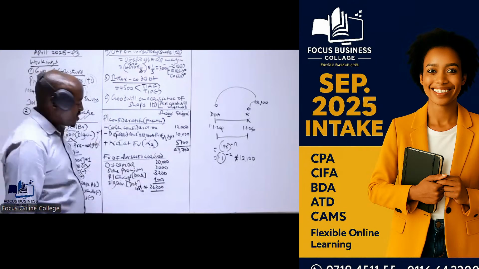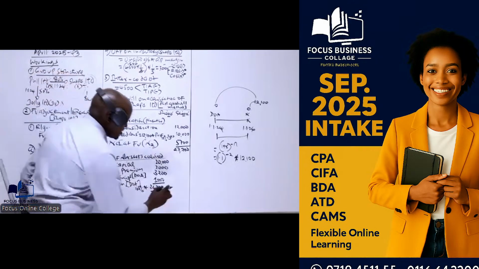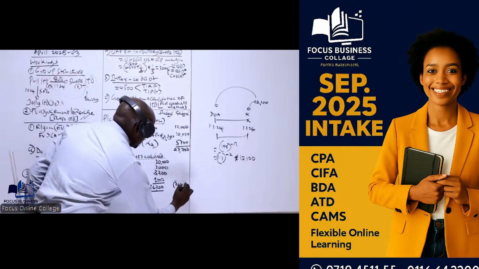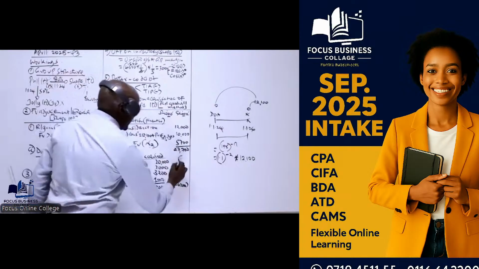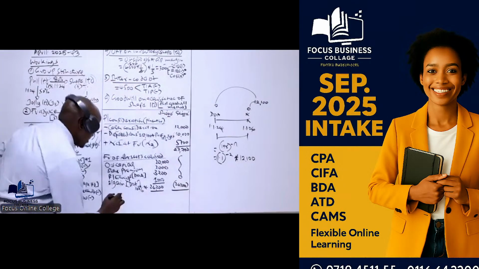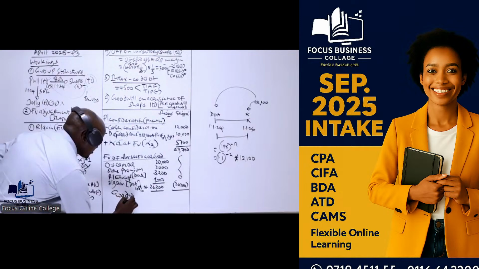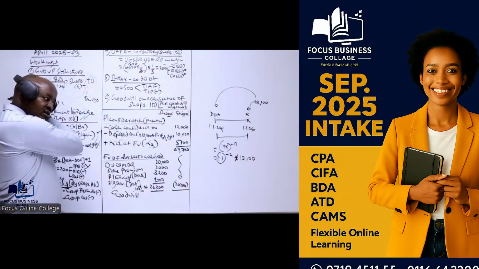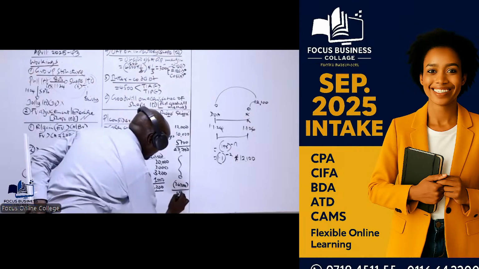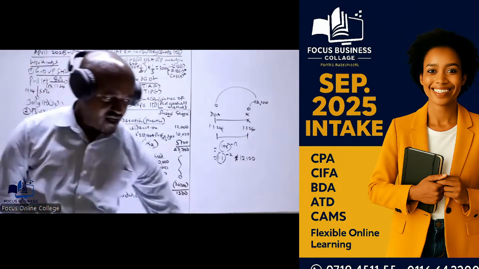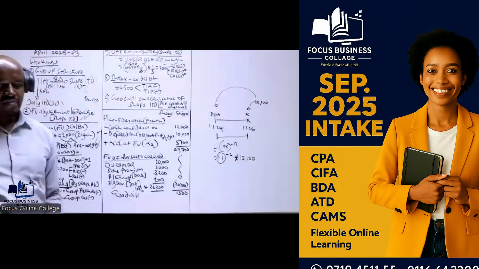So under the full goodwill method, we take 100% of that. So 100% of that will be 26,200. We subtract that from the figure we have up there, and basically we get the goodwill on acquisition. The goodwill on acquisition here will be 1,500. Then you need to check, was this goodwill impaired or not?